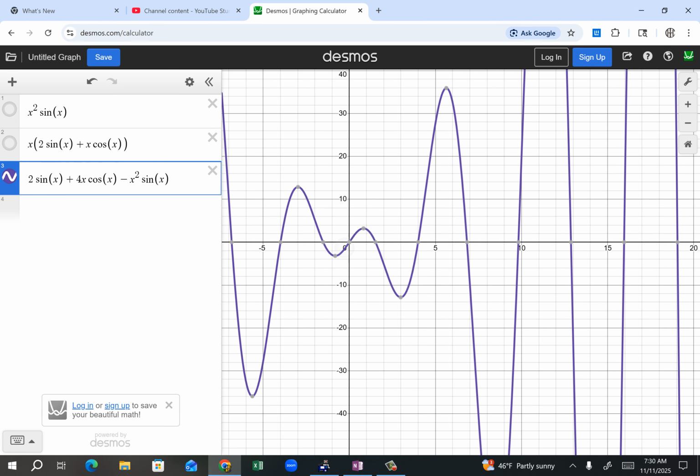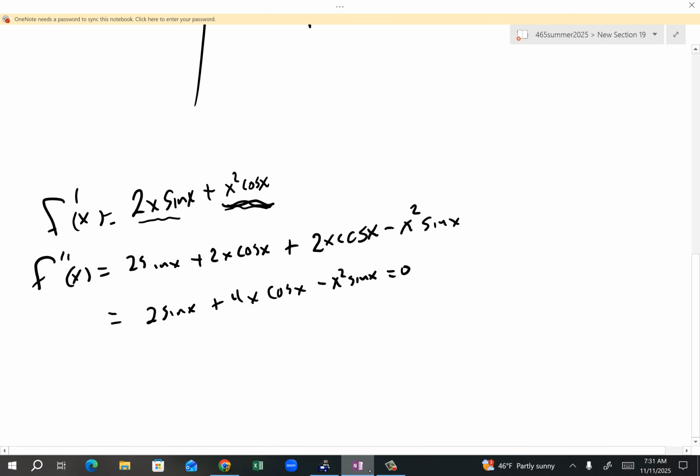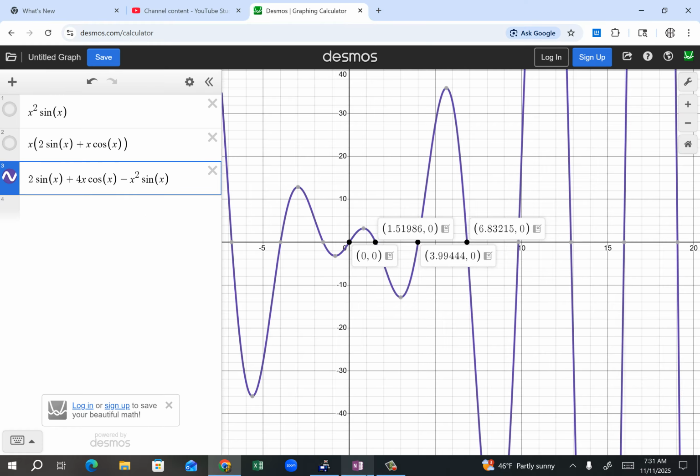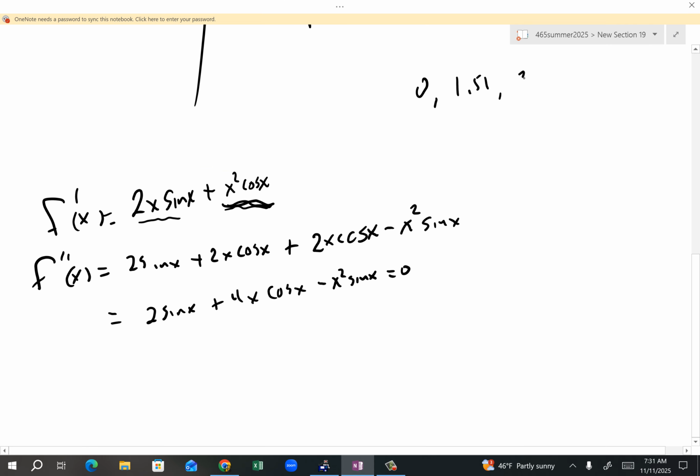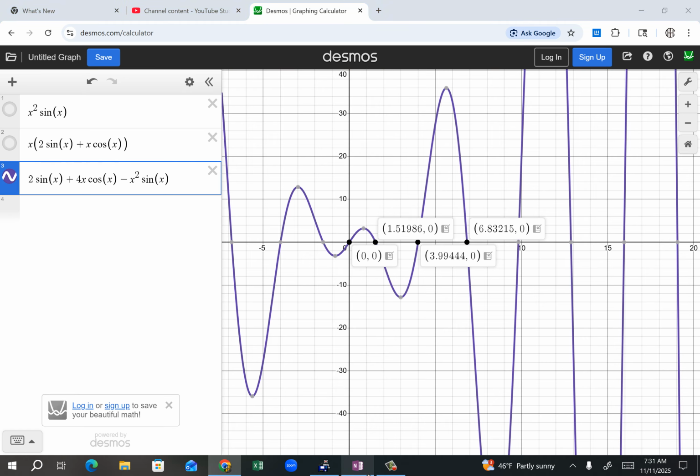Bam! So obviously at 0, we had a 0. At 1.5, at 3.9, and at 6.83. So 1.50, 1.51, 3.99, 6.83.